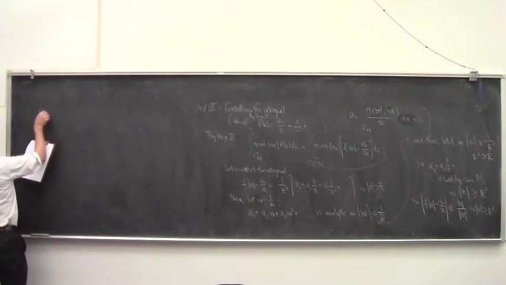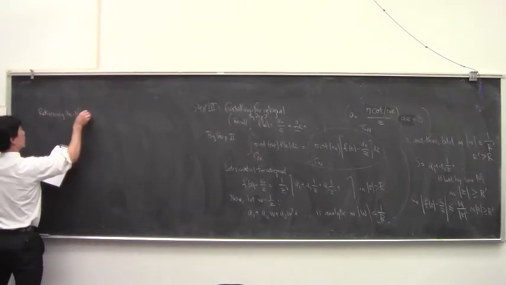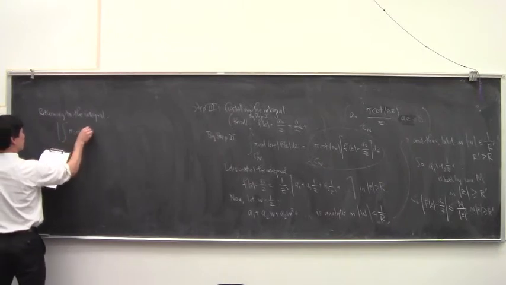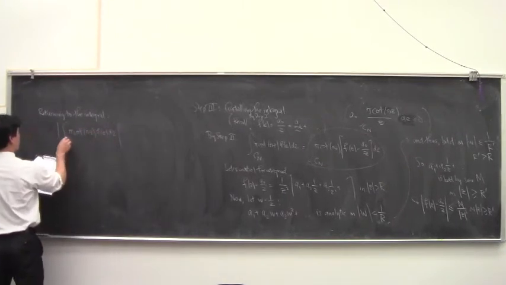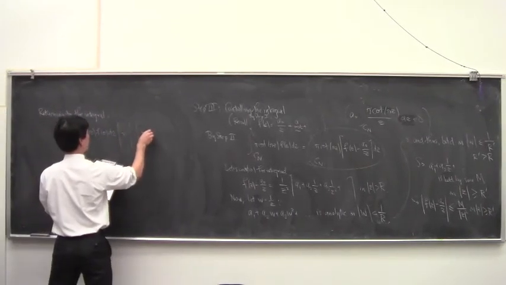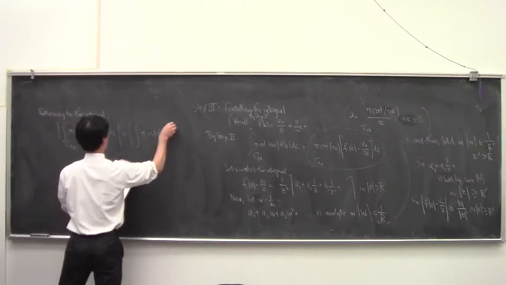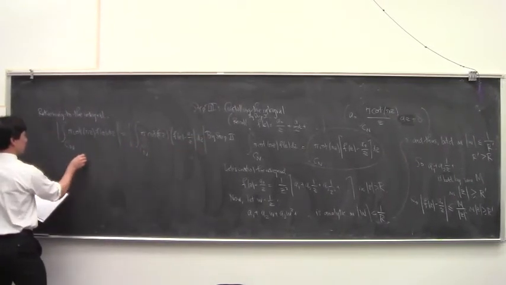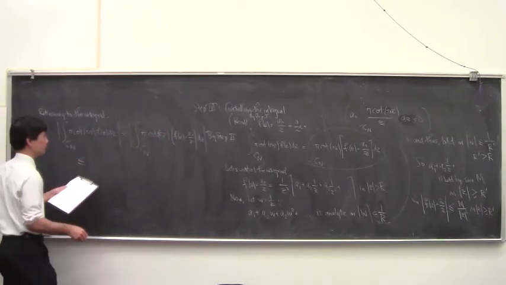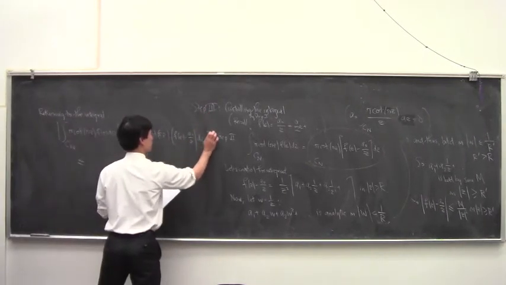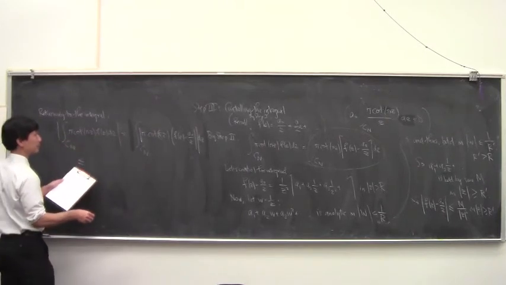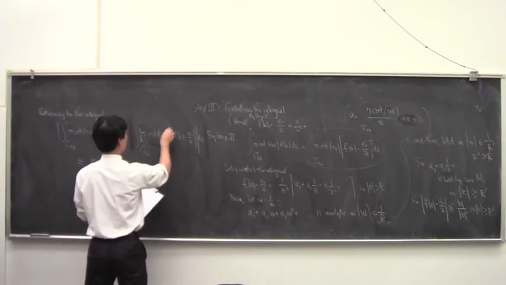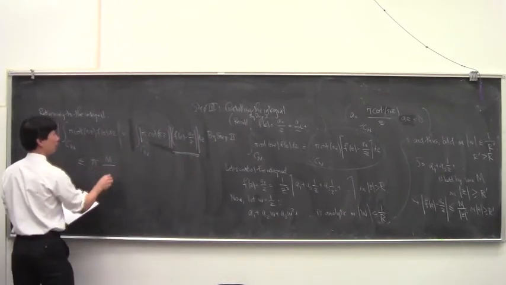So then, returning to the integral, the thing that we're trying to bound is controlled by pi times the bound we have on this thing, m over modulus of z squared.